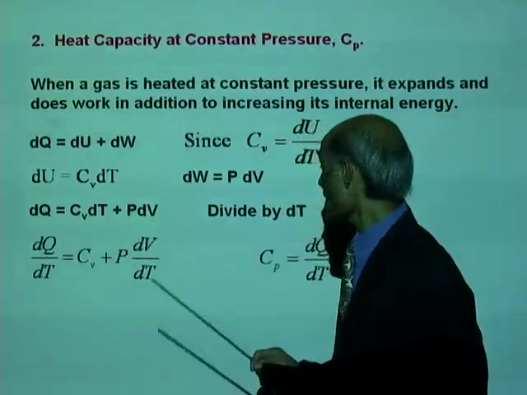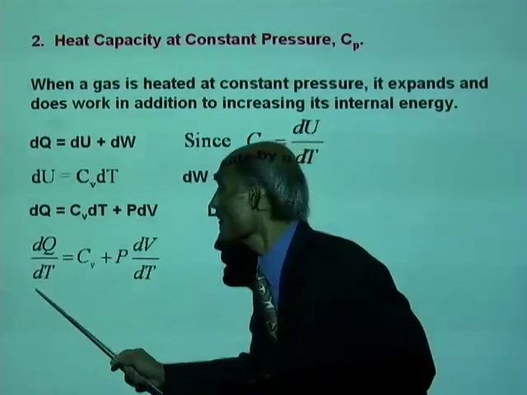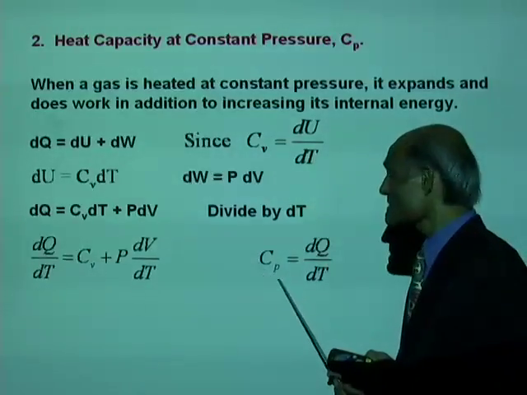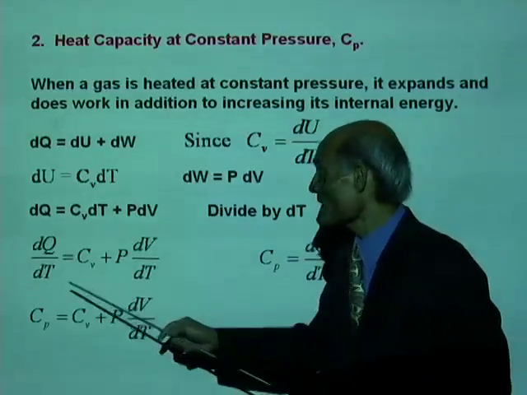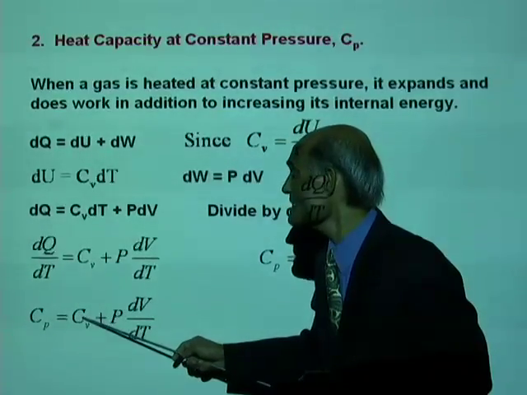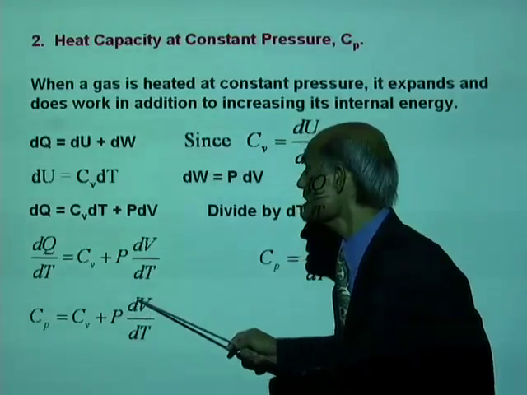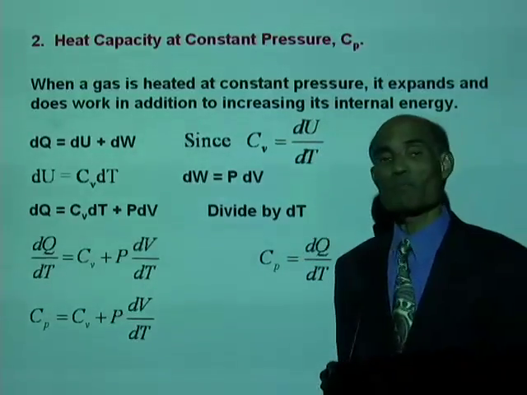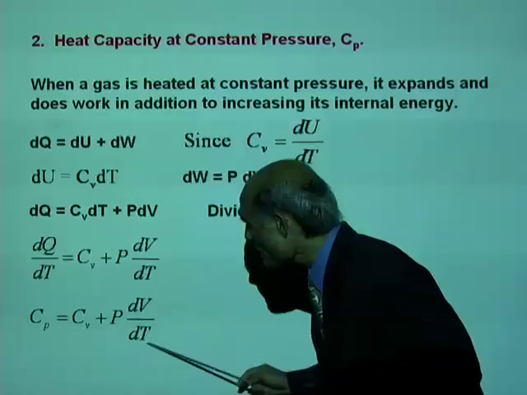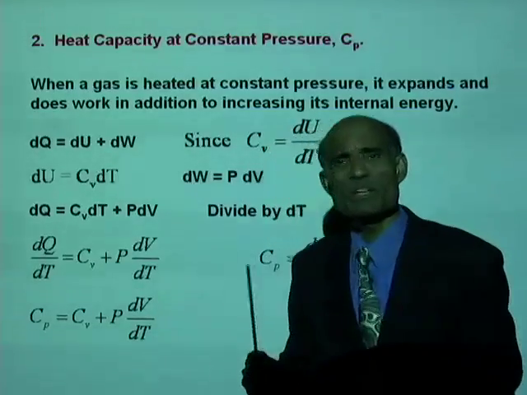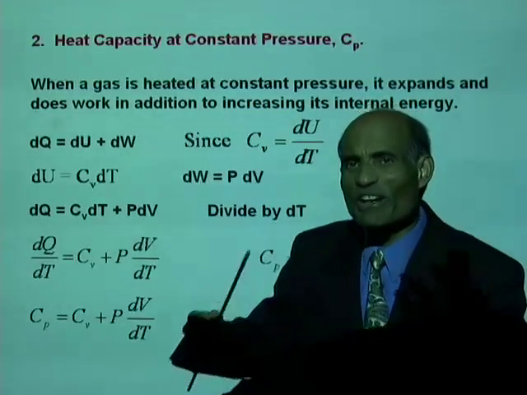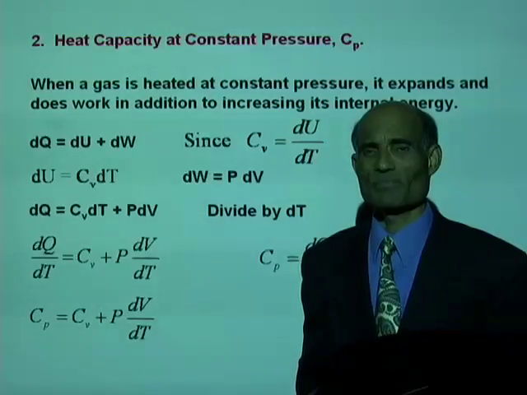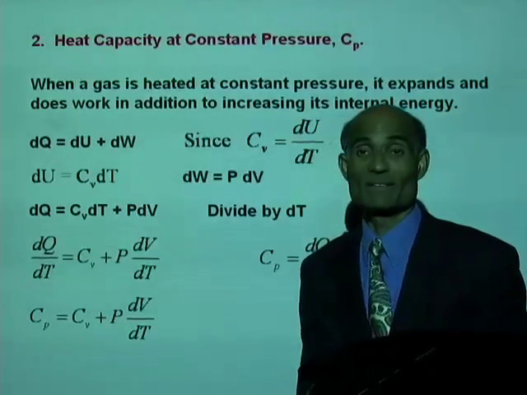Well, what's our next step? dQ by dT is our Cp. So you have Cp equals Cv plus PdV over dT. Now, is it possible to replace this PdV over dT by a more friendly term?